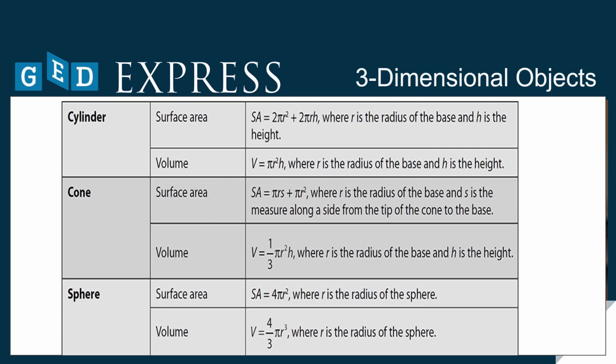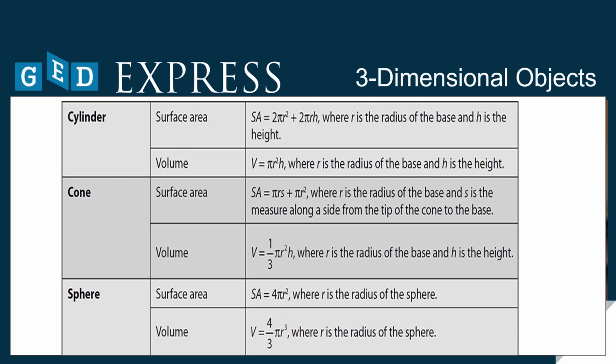Cone, surface area, SA is equal to pi r s plus pi r squared. r is the radius of the base and s is the measure along the side from the tip of the cone to the base.